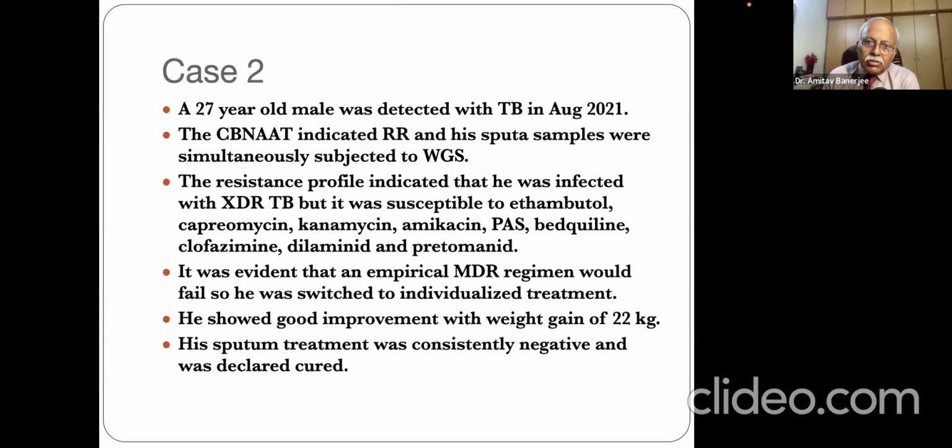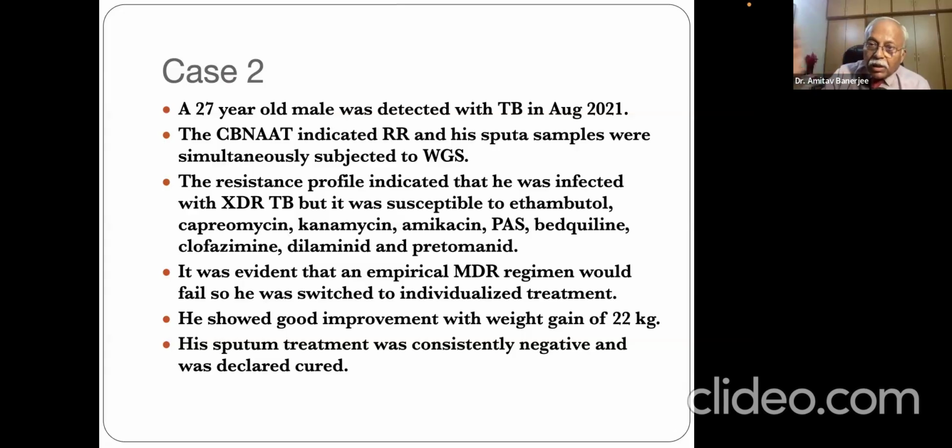A 27-year-old male was detected with TB, and the CB-NAAT indicated rifampicin resistance, and his sputum sample was simultaneously subjected to whole genome sequencing. The resistance profile indicated that he was infected with extensively drug-resistant tuberculosis, but it was susceptible to ethambutol, streptomycin, kanamycin, amikacin, PAS, bedaquiline, clofazimine, delamanid, and pretomanid.